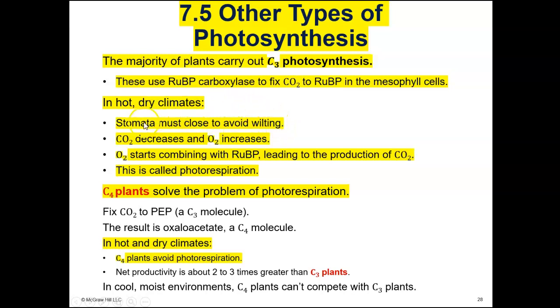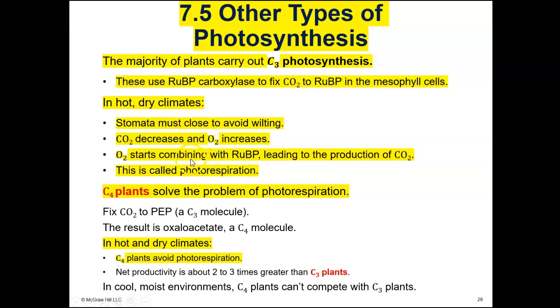And what happens is, while those stomata are closed, the oxygen that's produced in the light reaction builds up and starts combining with RuBP. That doesn't produce anything. Whenever oxygen combines with RuBP, that is not going to lead to the production of food for the plant.